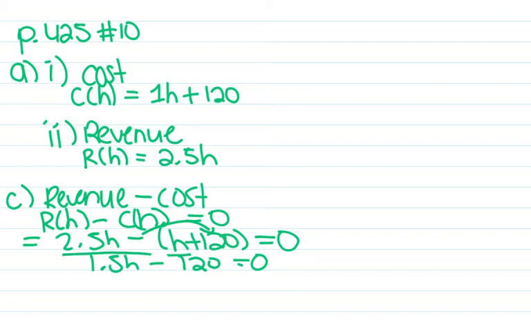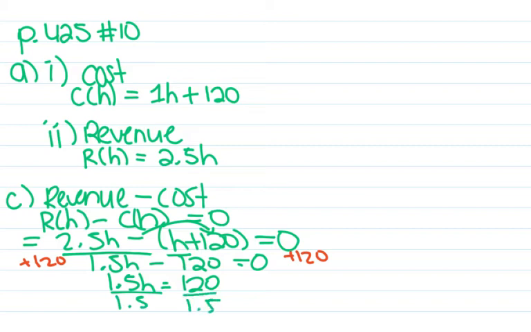Now we'll add 120 to both sides so that we can work towards isolating H. So now we have 1.5H equals 120. And we'll divide both sides by 1.5. So H equals 80. So the revenue minus cost equals 0, and that happens when 80 hot dogs are sold.